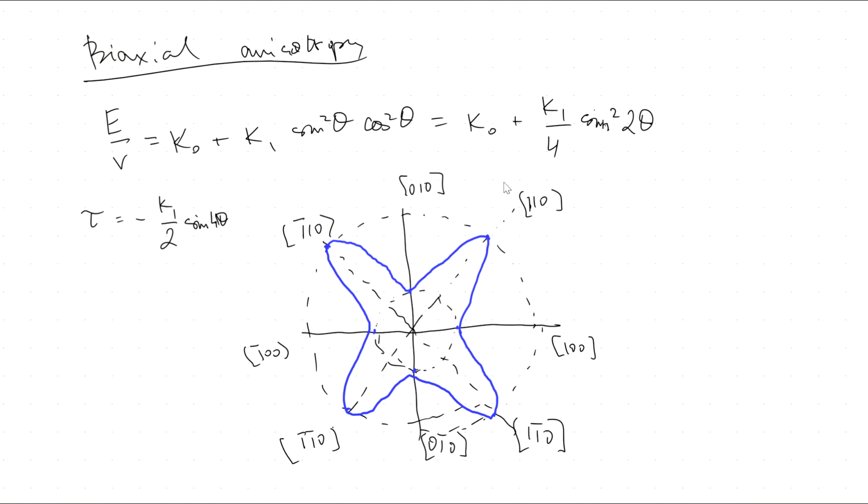If you look at the biaxial anisotropy, this is kind of a polar plot of this dependence. So we have energy that depends on the angle. You will see that you have minimum of energy at theta equals 0, pi over 2, pi, 3 pi over 2. And you have maximum at pi over 4, 3 pi over 4, etc.